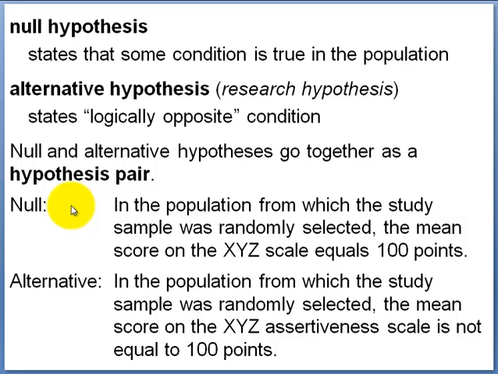So that's a sample null hypothesis. The alternative hypothesis has got to state the logically contradictory position. So the alternative states, in the population from which the study sample was randomly selected, the mean score on the XYZ assertiveness scale is not equal to 100 points.